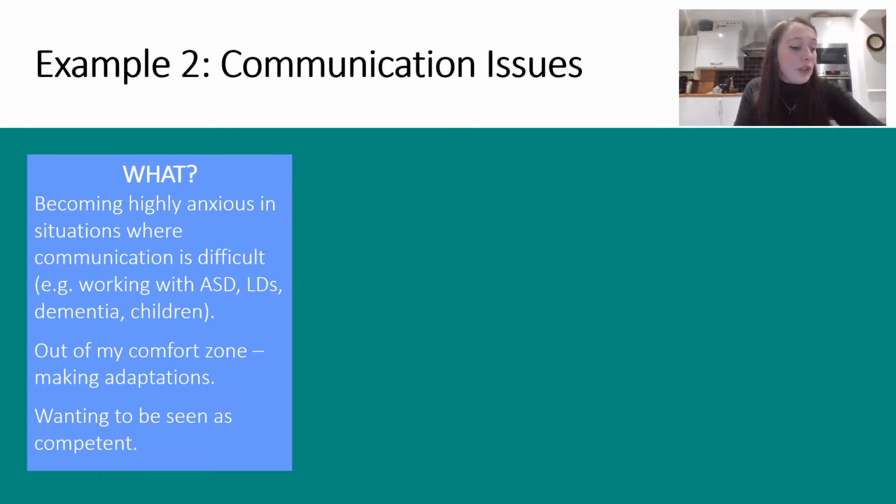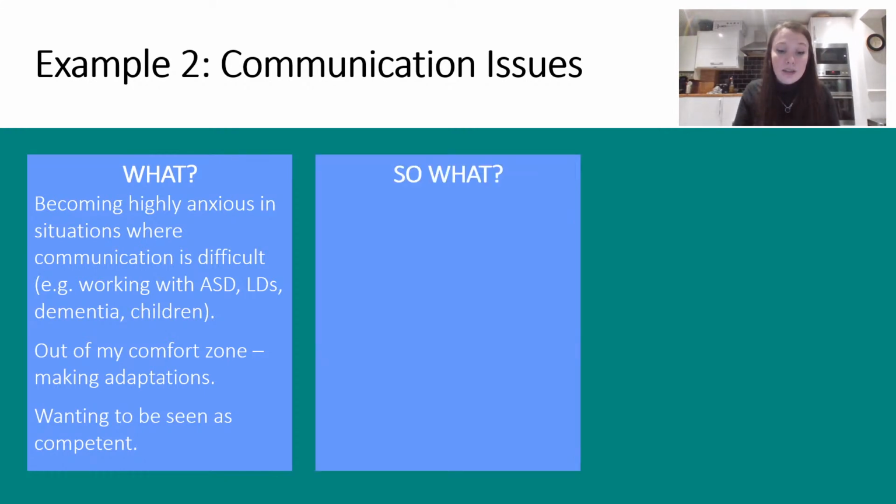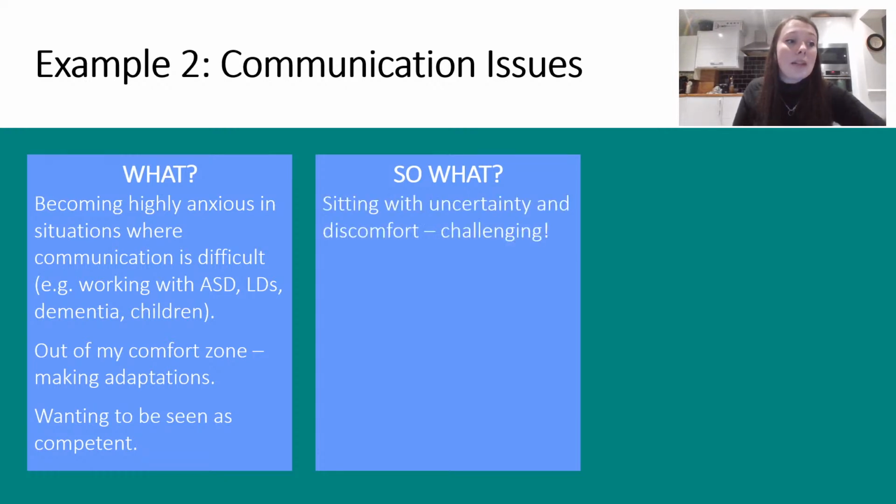Then we move on to the so what section. In the so what section, we talk about sitting with uncertainty and discomfort, and that is challenging. That's one of the biggest things that I've learned from being an AP, being in supervision, is that this is something I don't do particularly well, and this is something I need to manage.